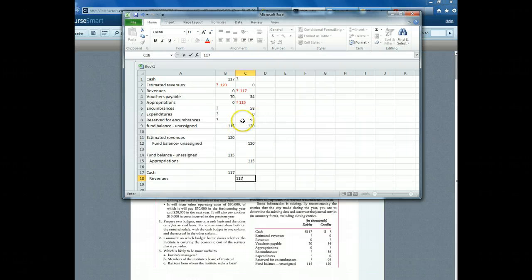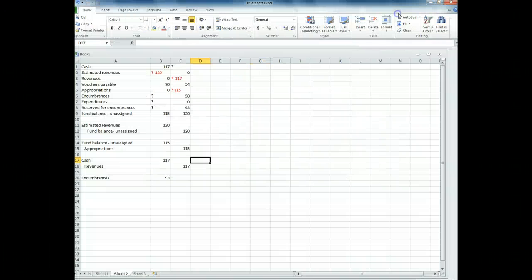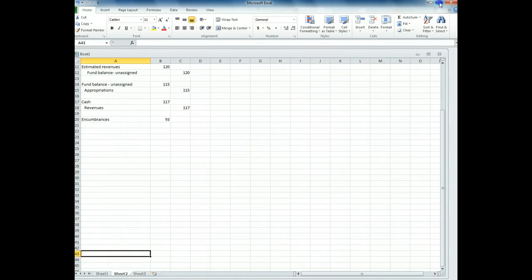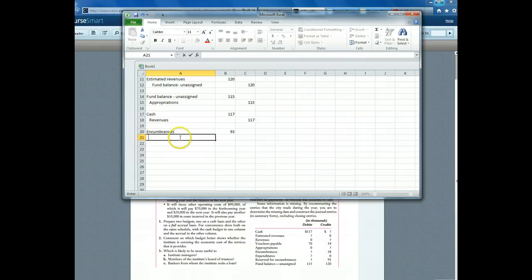What about this reserve for encumbrances? When we have a purchase order and purchase something, we're going to have encumbrances for 93 and our credit is going to be reserve for encumbrances of 93.